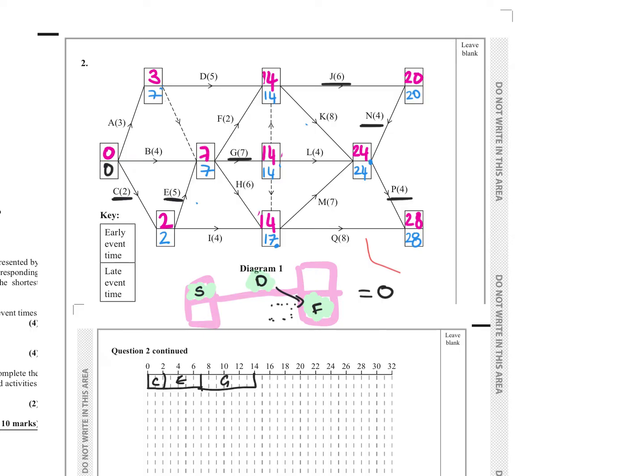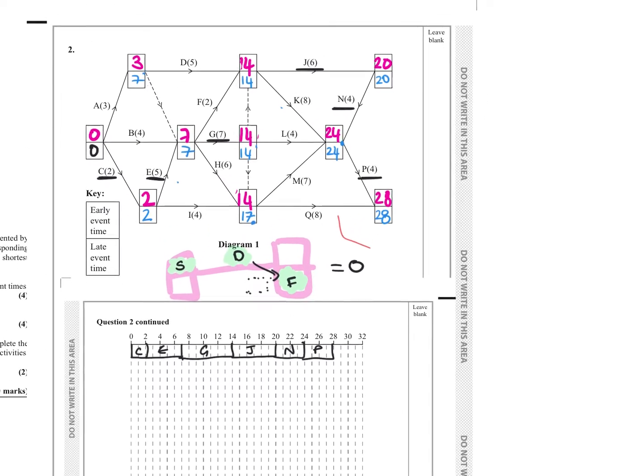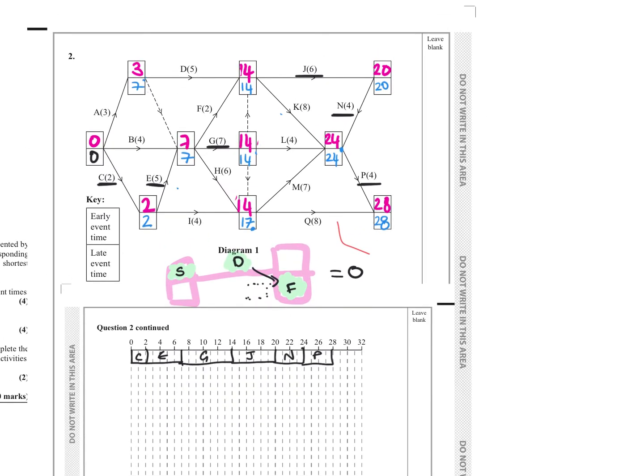G. 14 to 20, J. 20 to N, and then 24 to 28, P. Okay, guys, you have to do your critical path.